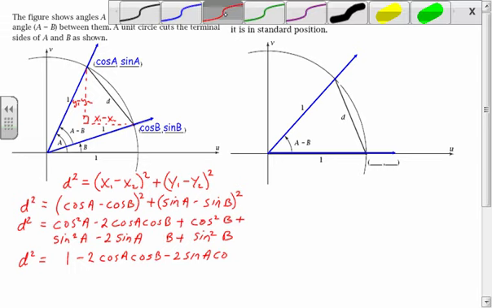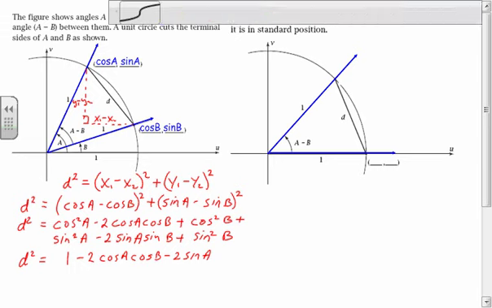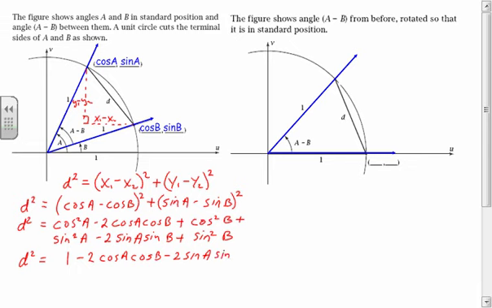And when is he going to figure that out? Here, I just figured it out. That's supposed to be sine A, sine B. And this is supposed to be sine A, sine B here. So let's fix that. Sine A, sine B. And then I've got cosine squared B plus sine squared B, and that's plus 1 again.